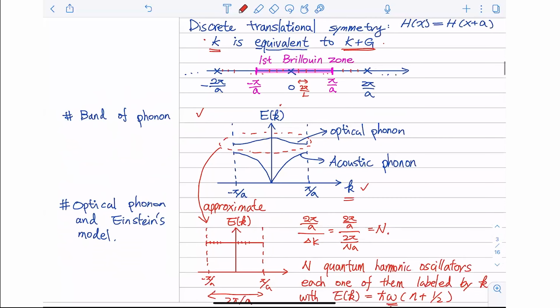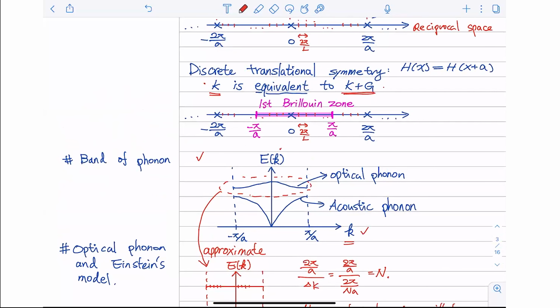Oh, by the way, I forgot to mention one of the important things about the first Brillouin zone. The reason that we only care about the physics described within the first Brillouin zone is because whenever there's some point outside the Brillouin zone, you can always shift it into the Brillouin zone by subtracting integer numbers of these G vectors.